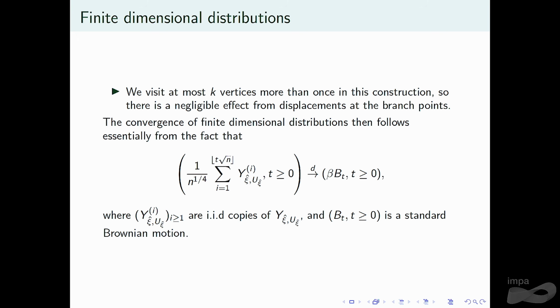And so what really should convince us, hopefully, that we get this convergence of finite dimensional distributions is the fact that if I take IID copies of this displacement random variable, and I take root n of them, because I'm working on a time scale of root n, then when I rescale by n to the 1/4, I'm going to get convergence to beta times a standard Brownian motion.